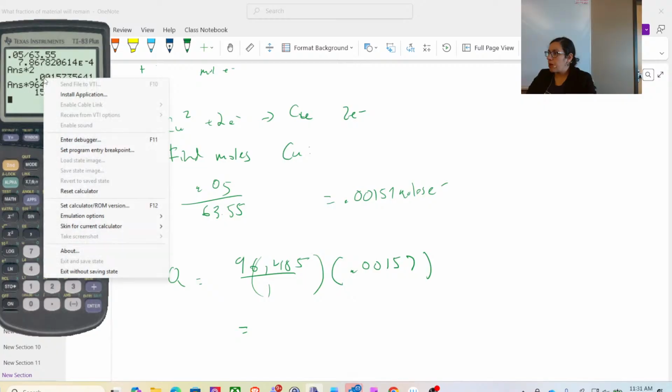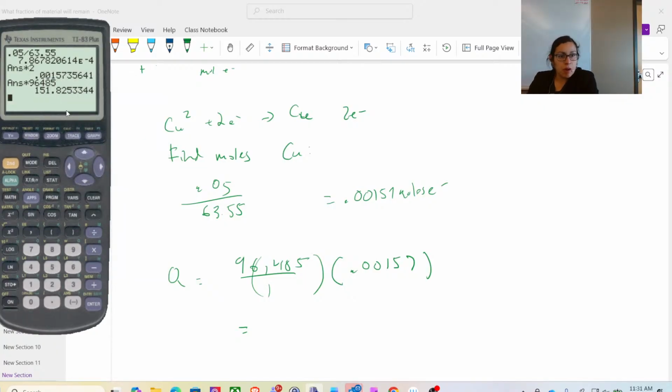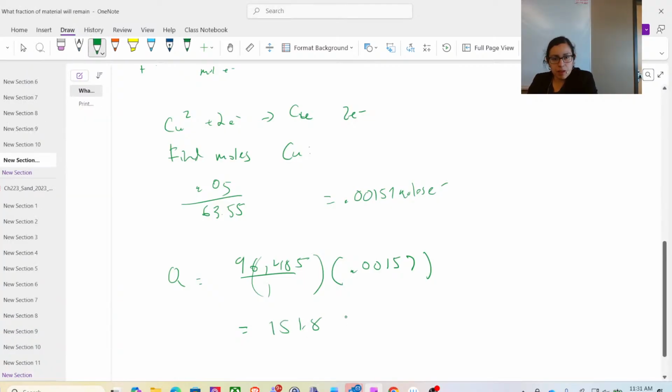That gives us how many coulombs we need. So about 152 coulombs rounded. I'll leave it 151.8.